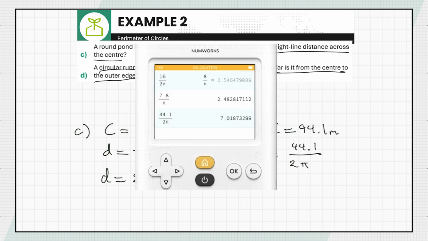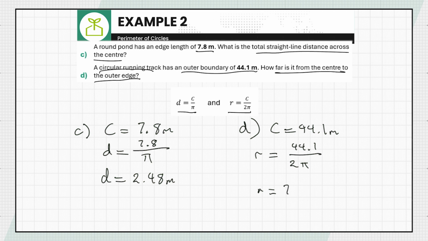Alright, the result is 7.018, so we're just going to round up that last digit to get to 2 decimal places and do 7.02. And that is in meters.